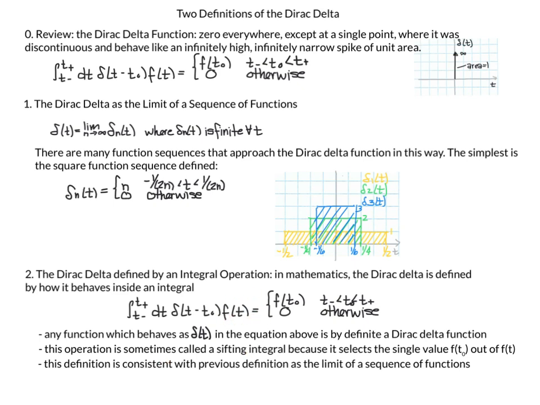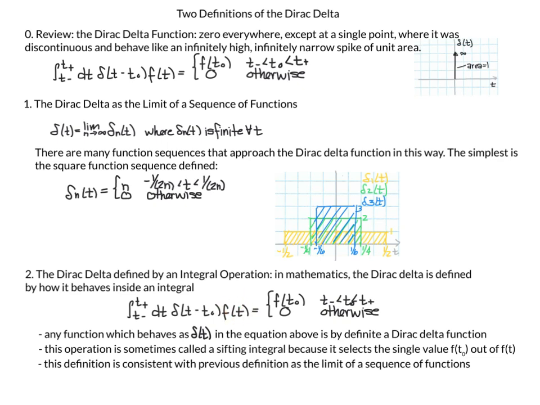And this definition is consistent with the previous definition. If you think about it, it's the same thing, because if you're at t0, your Dirac delta is going to be large. So you're integrating, and f of t on the interval to the left and right of t0 is multiplied by 0 everywhere.